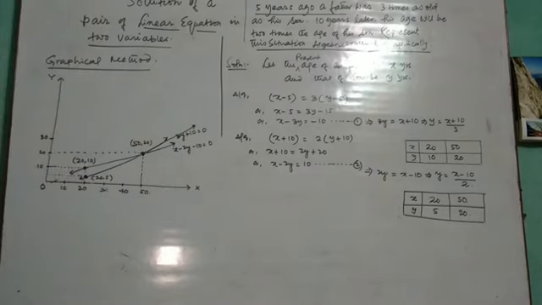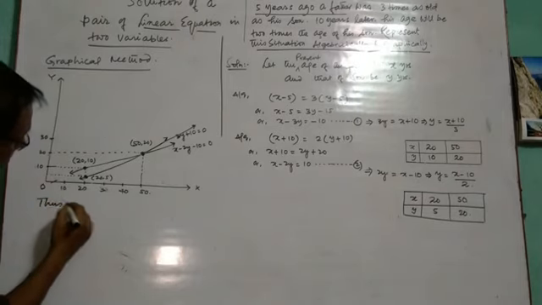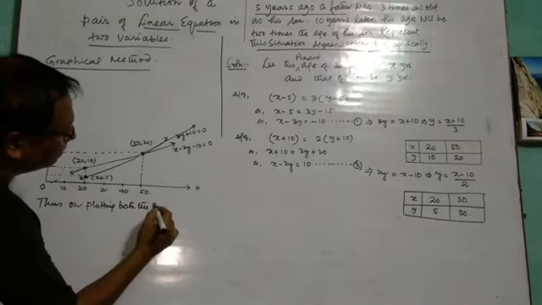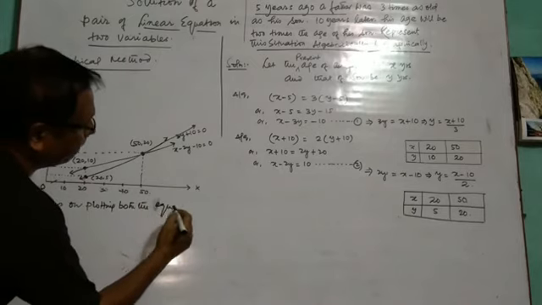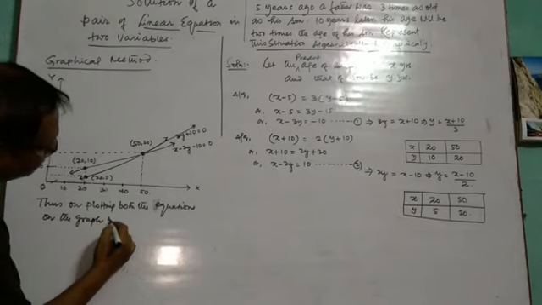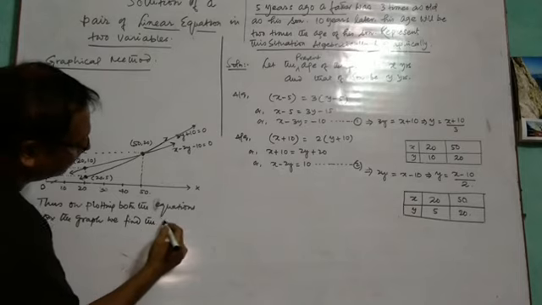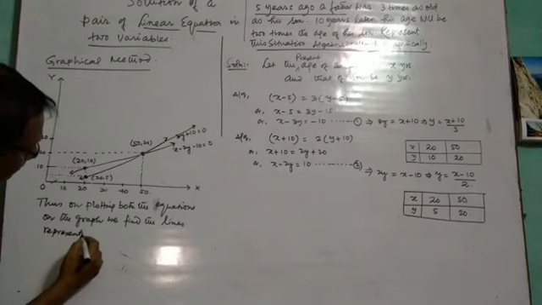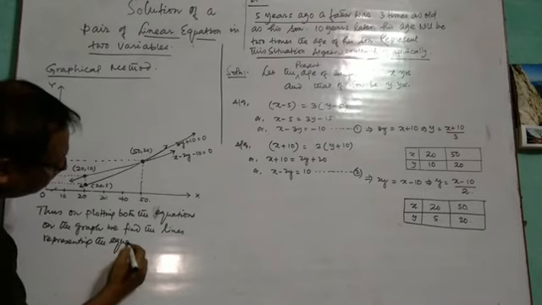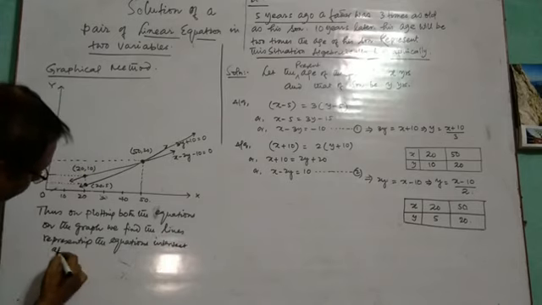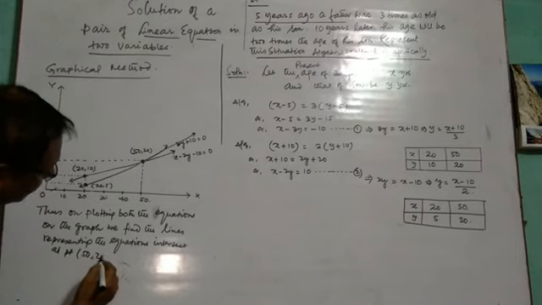Thus, on plotting both the equations on the graph, we find the lines representing the equations intersect at point 50 comma 20.